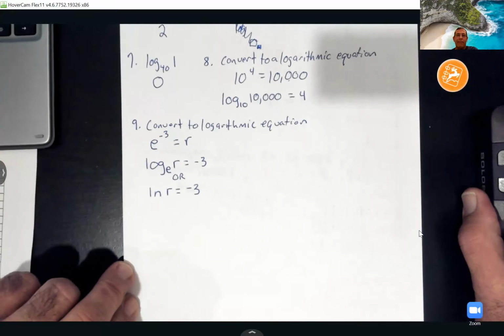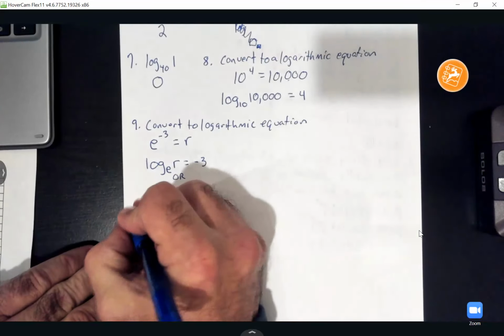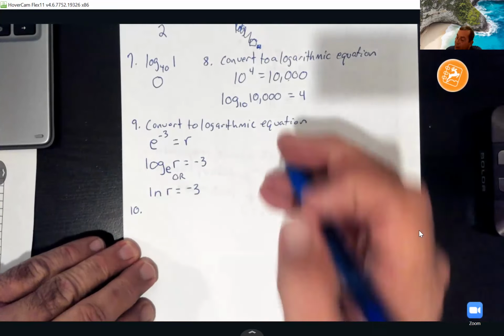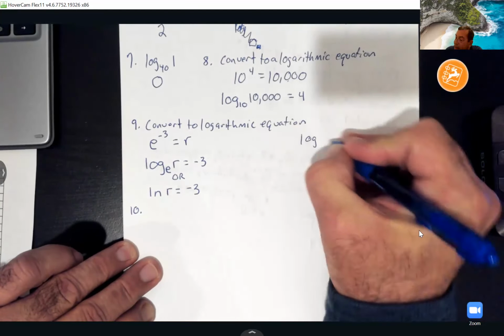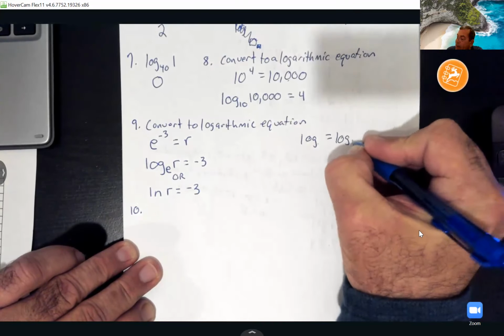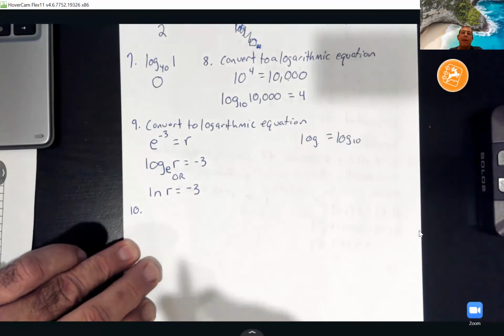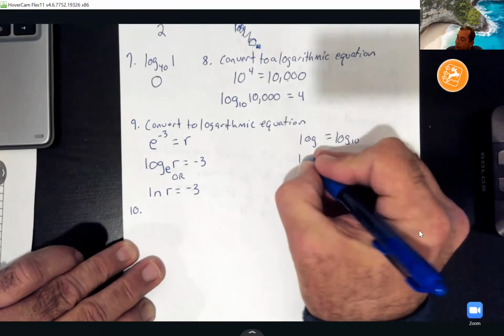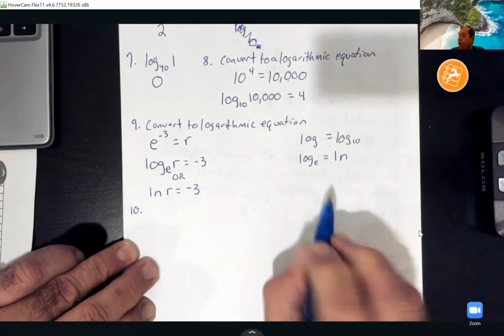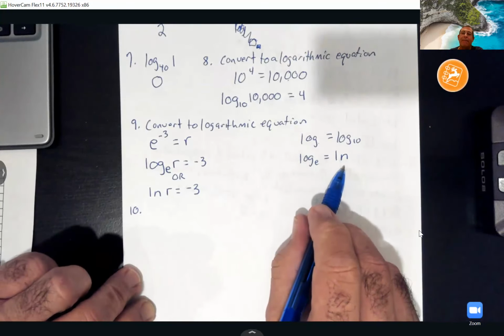So are ln and log the same thing? Well, remember, just a regular log like that without a base, that would be a log base 10. Remember that? Now, if we have a log base e, we just call that the natural log, which is the ln.